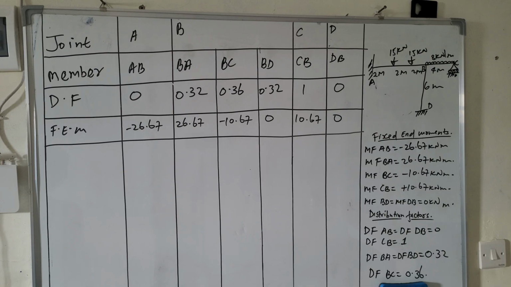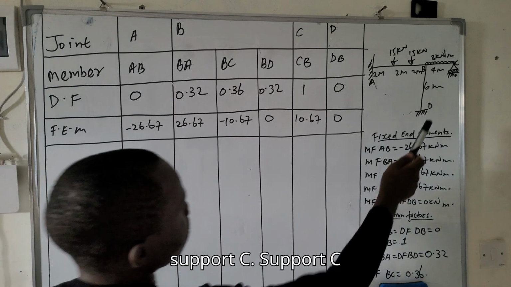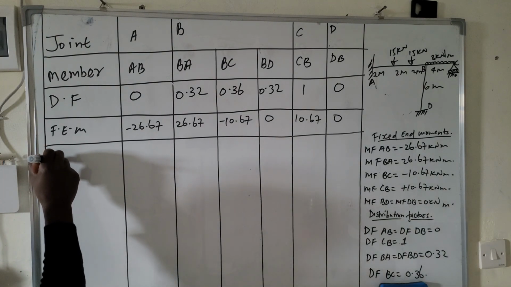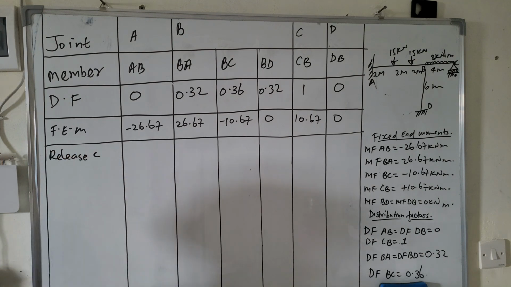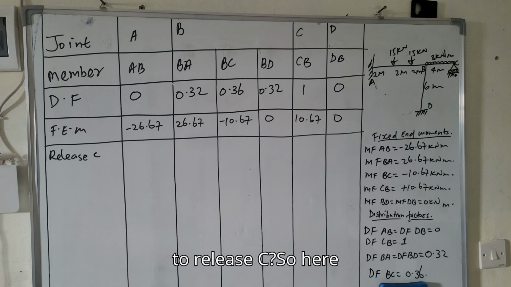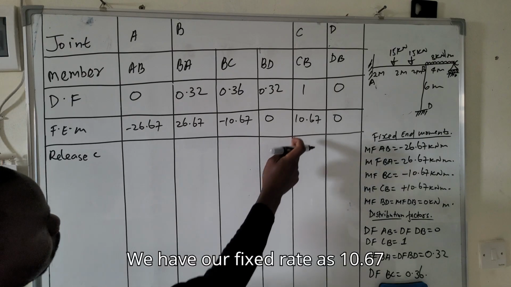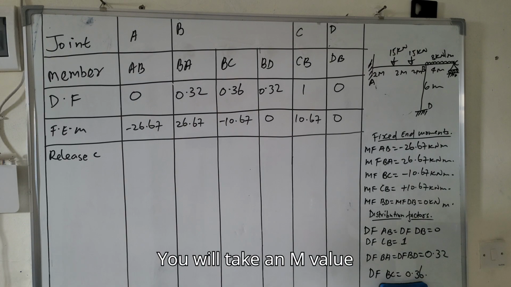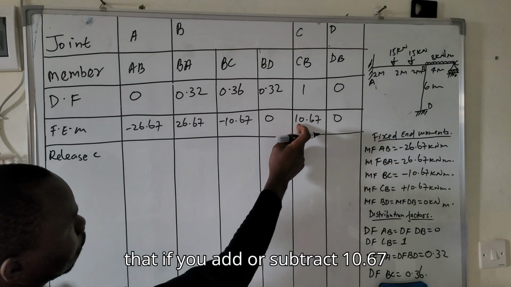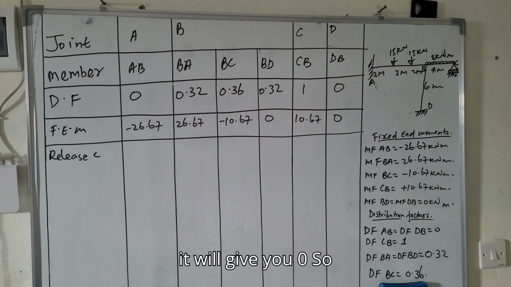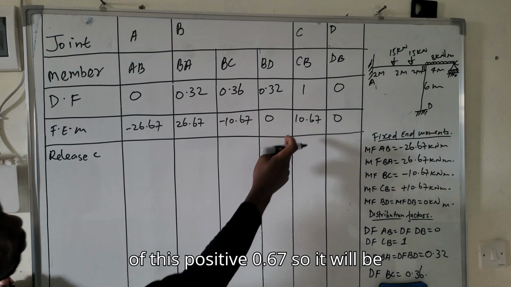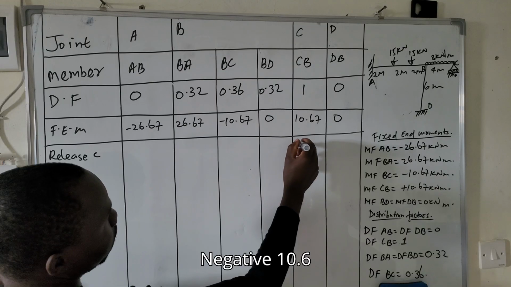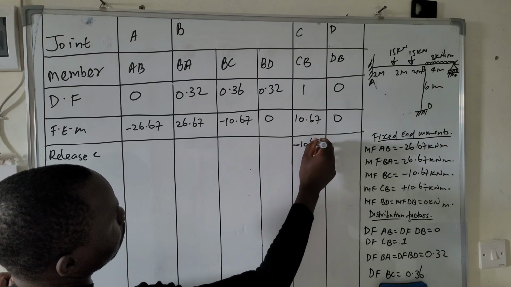As you can see, we have this support C, which is a roller. So we will release C. How are we going to release C? Here we have our fixed end moment as 10.67. You will take any value that, if you add it to 10.67, will give you 0. So that value is negative 10.67.